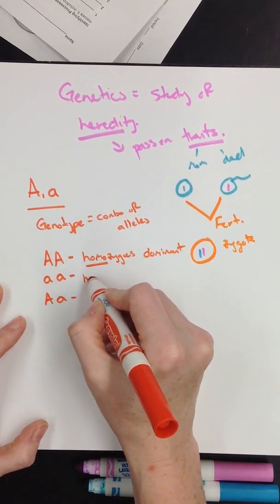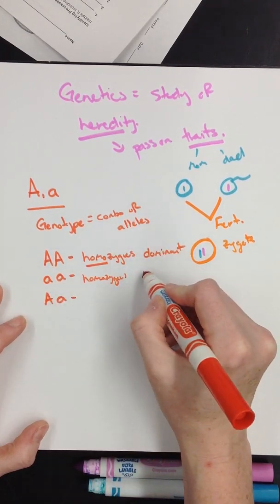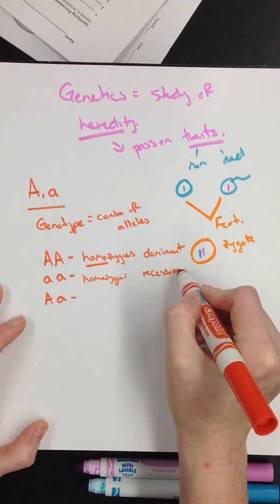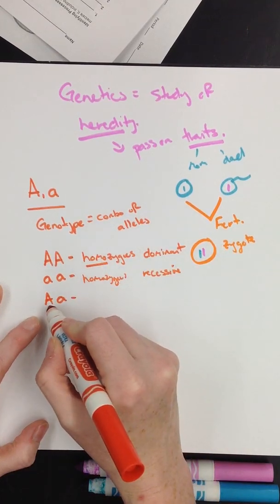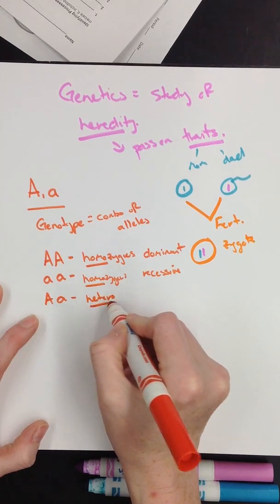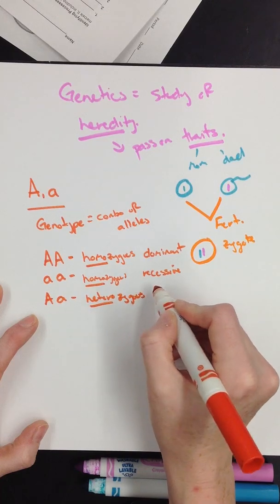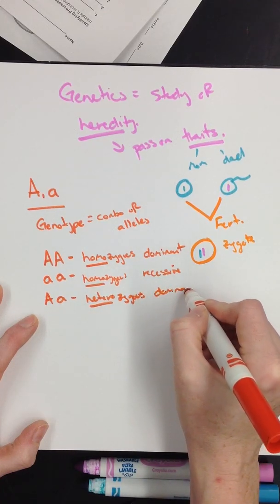These two right here, they're the same, homozygous, but since they're little letters, that means they're recessive. And we'll go back to what those words mean too. And then I have a big and a little. Those are different, so that's a hetero, because hetero means different. And that's going to be heterozygous, but it's still going to be dominant.